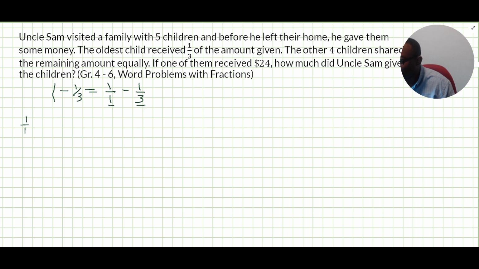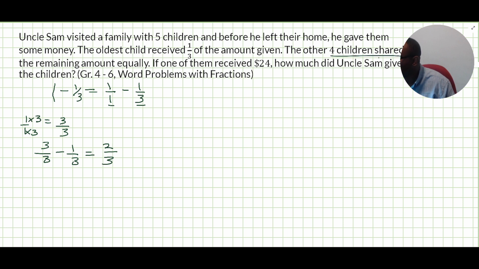Because you have 3 and 1, you can easily say that your least common multiple is going to be 3. So you multiply 1 by 3 to get to 3, and then also 1 by 3. So we have 3/3. So now our fraction is going to be 3/3 minus 1/3, which is going to give us 2/3. So 2/3 is what the other 4 children shared equally.